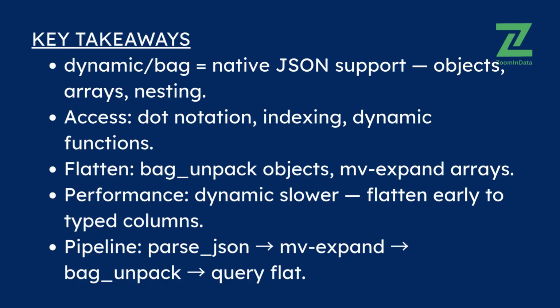Flatten early to typed columns whenever possible. The winning pipeline: parse_json, then mv-expand arrays, then bag_unpack objects, then query on flat columns. This approach turns complex semi-structured data into fast, scalable analytics, core to modern log and telemetry workloads in KQL.